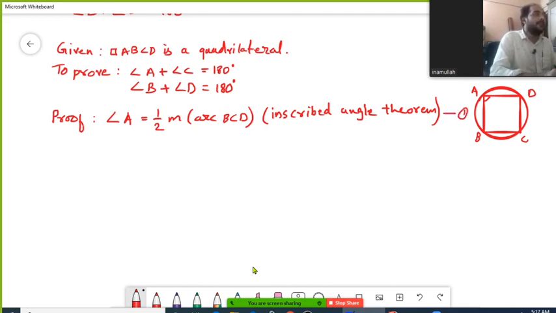In the same way, we have another angle, that is angle C. This one. So angle C is actually half of major arc BAD.